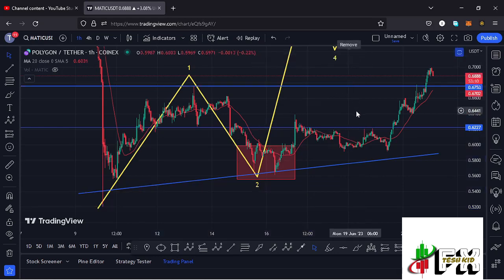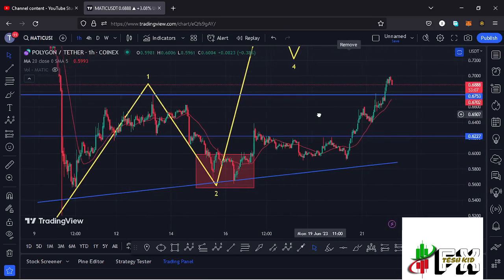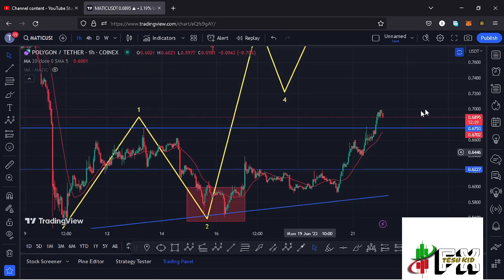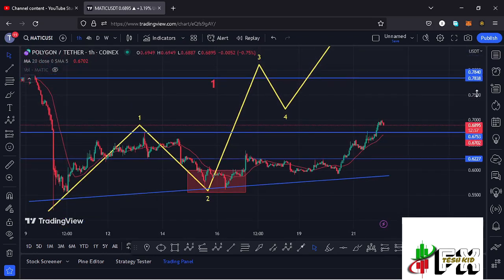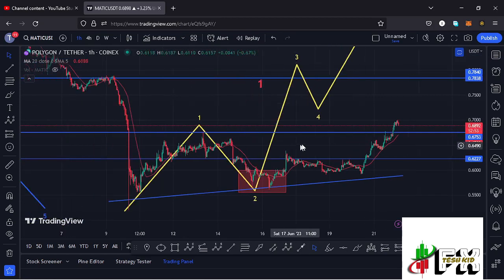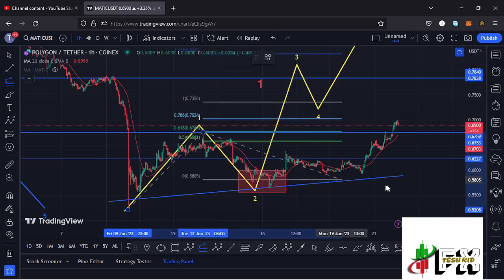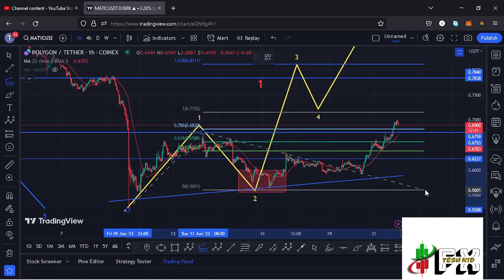After fully maximizing that target area, you can see that we started this nice reaction to the upside in the formation of a larger Elliott wave count 3, which we expect after seeing the formation of a wave 2. In my previous videos, I have been giving you target areas for this wave 3 by connecting the trend-based Fibonacci from the low of the first wave to the high of that wave 1, then dragging the fibs to the low of the second wave.